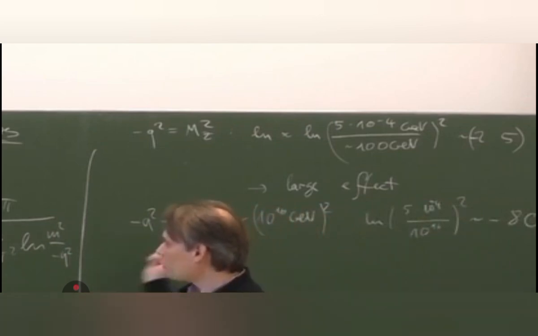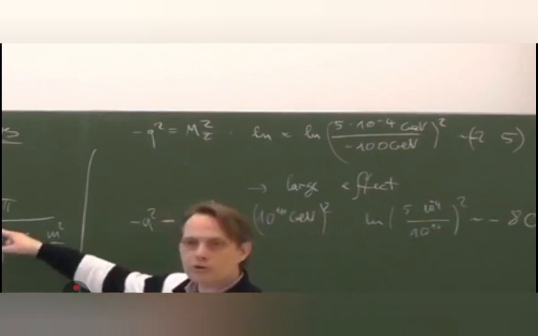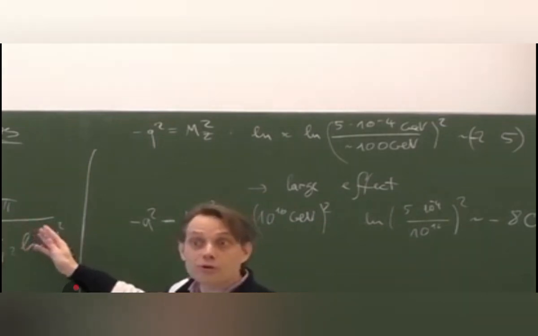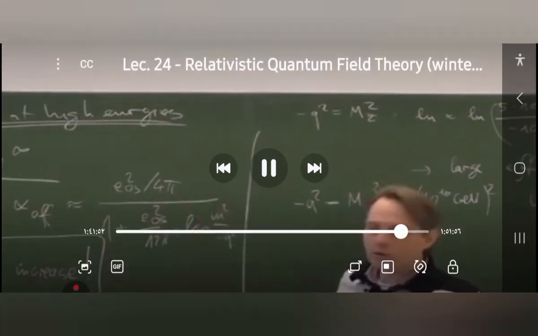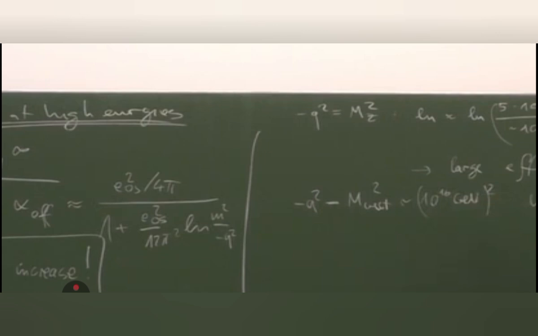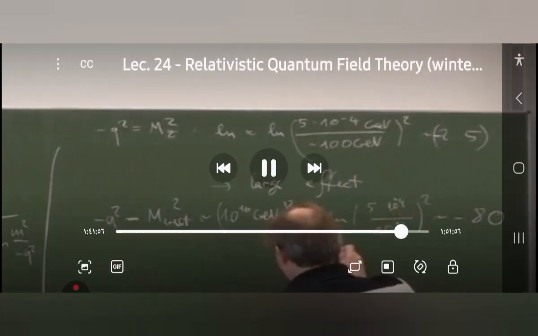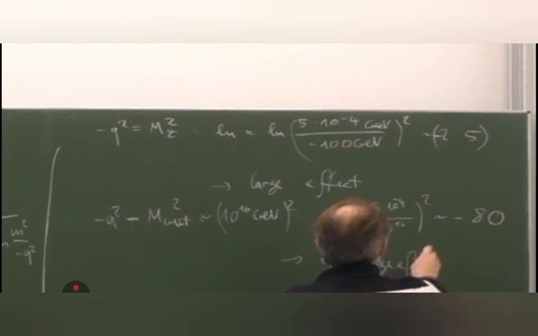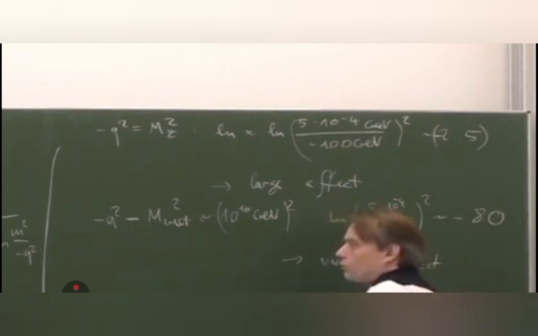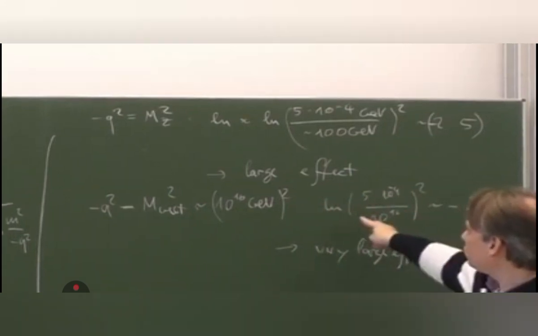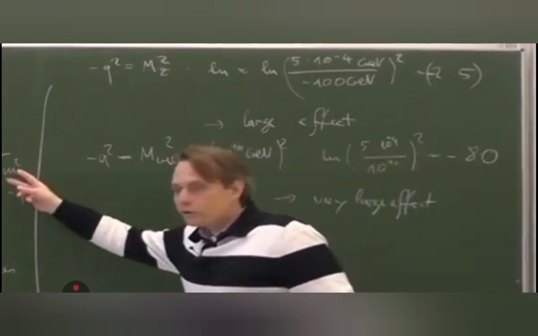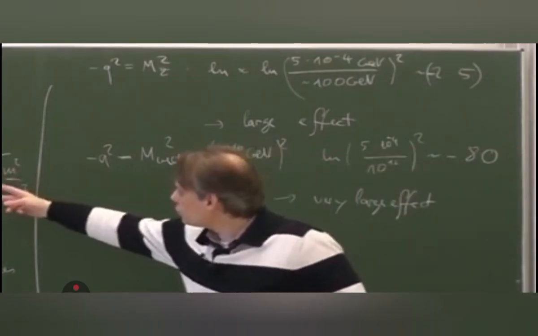So if you have here minus 80 and here around 1 over 100, you get an essentially 100% effect, a very large effect. This shows you that the electromagnetic interaction gets 100% corrections, or it could also blow up.